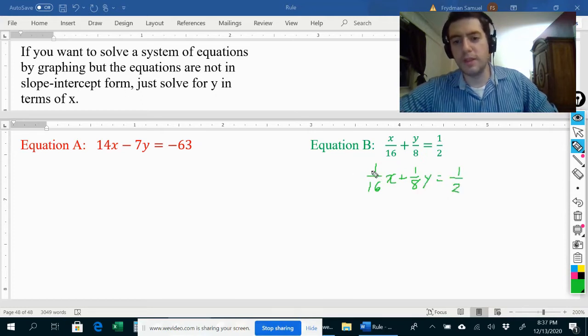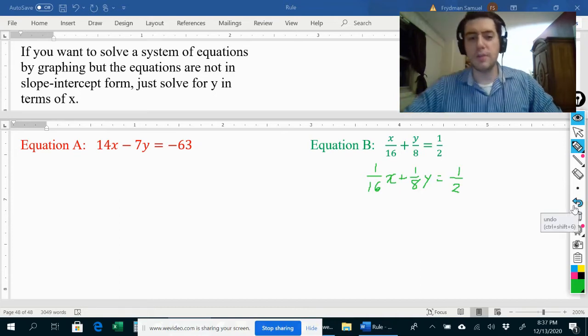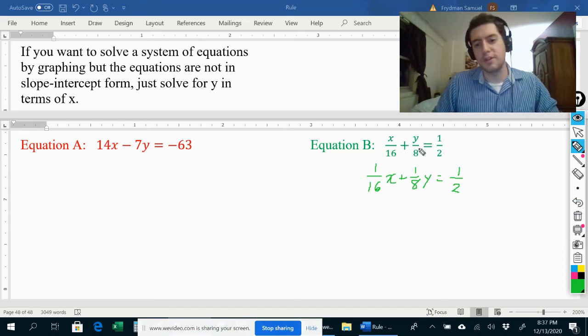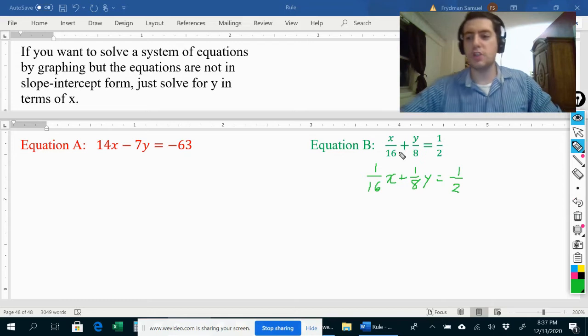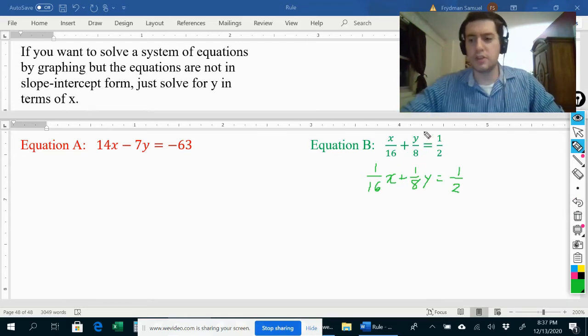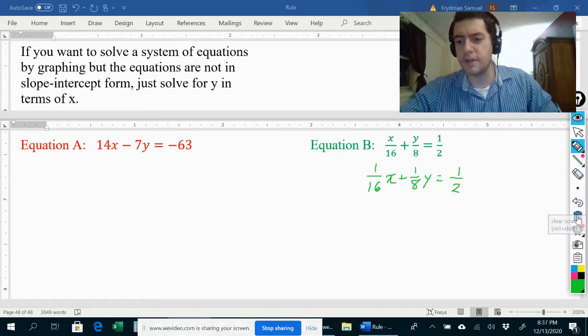And then this would be standard form. So I'm just mentioning this because not every single equation that you see is going to be in standard form, but I just have these examples for this video.